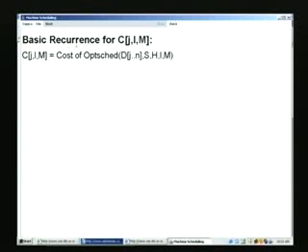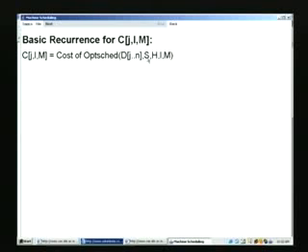So we need to devise some kind of a recurrence for C(j, i, m). Let me just remind you that C(j, i, m) is the cost of the optimal schedule for the residual problem d_j through n, S, h, i, m.